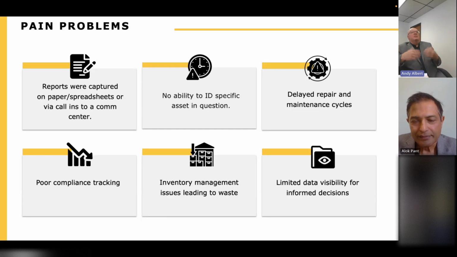So traditionally, reports were captured on paper, spreadsheets, or call-ins to a comm center, and there's a whole chain of custody issue when someone's calling someone who's calling someone who's calling someone about a problem that's in an area, and there's not a lot of information about it. So we sat down and really tried to provide a path for that information to flow in both directions.